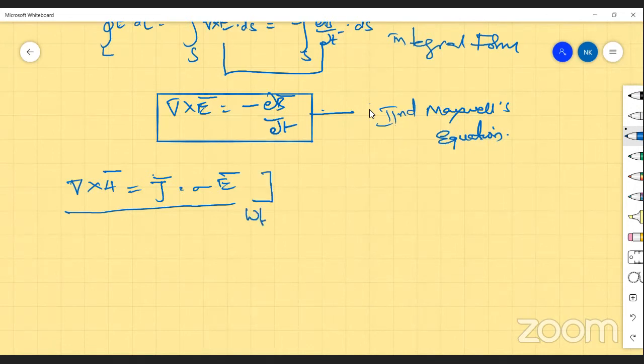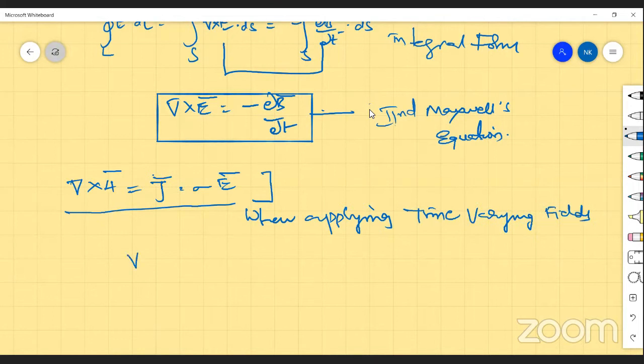Now whether the same is applicable to time varying fields or not, we'll test it, find the inconsistency, and overcome it. When you apply it for time varying fields, you write del cross H bar of t equals J bar of t.